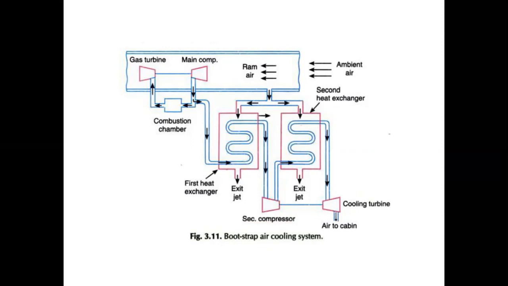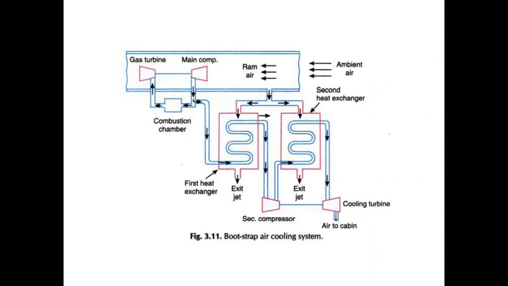But the main difference is that there we used the evaporator, but here we are using the second heat exchanger. Two new things are added here. The first one is the second heat exchanger, and the second is the secondary compressor to improve the quality of cooling.